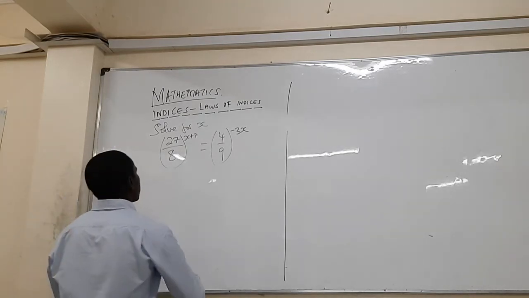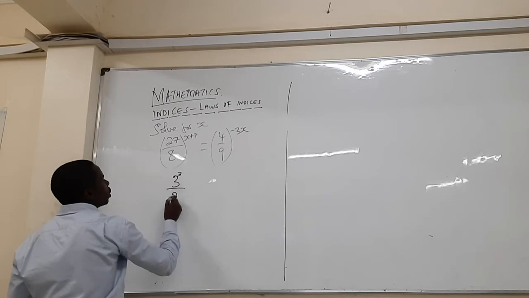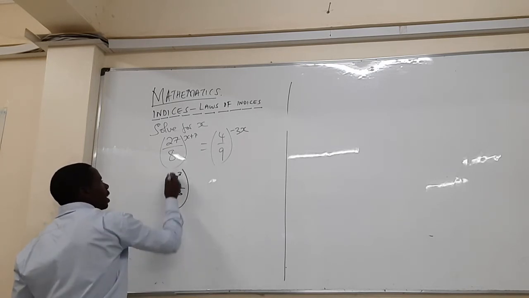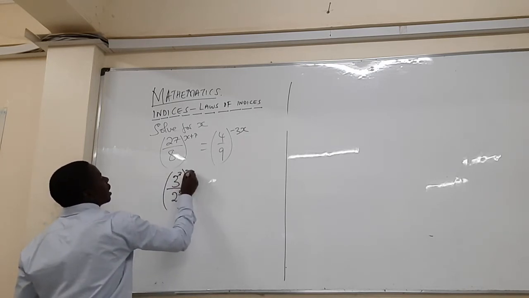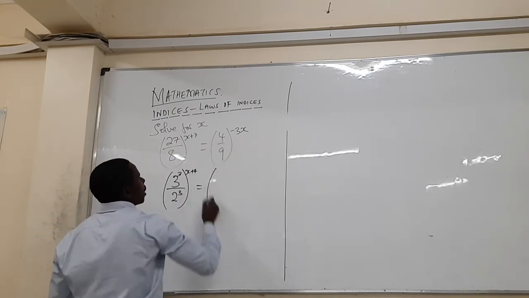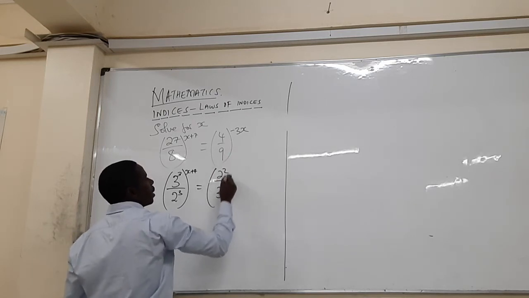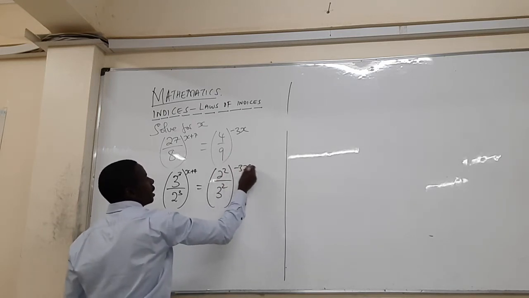So this is (3 cubed over 2 cubed) power x plus 7 is equal to (2 squared over 3 squared) power minus 3x.